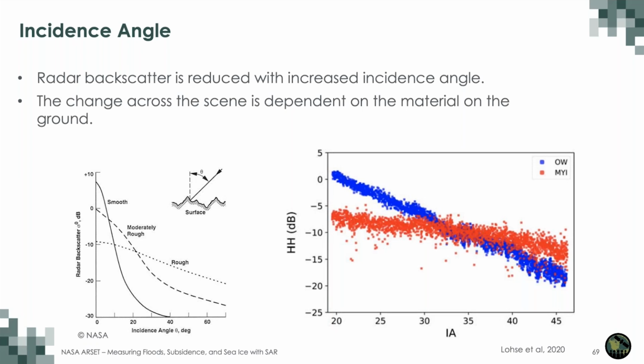You can also see that the separation between the two different materials is most challenging between 30 and 35 degrees, which is in the center part of the Sentinel-1 images, for example. So we really need to get a handle on the incidence angle effects.